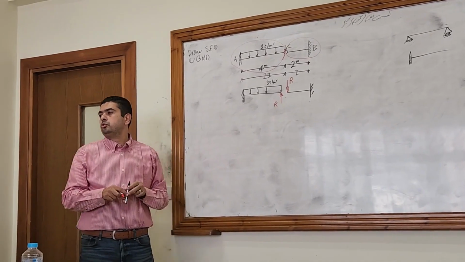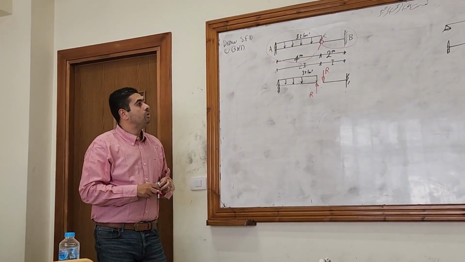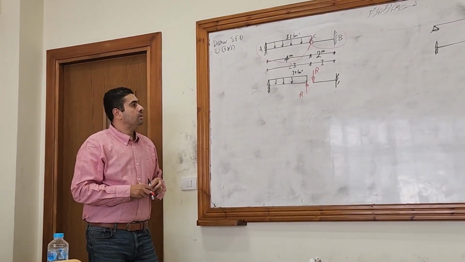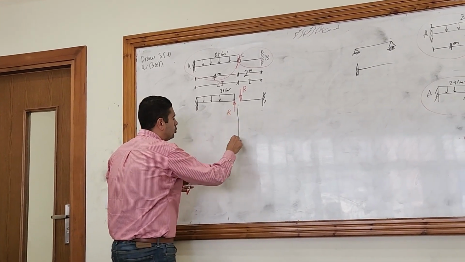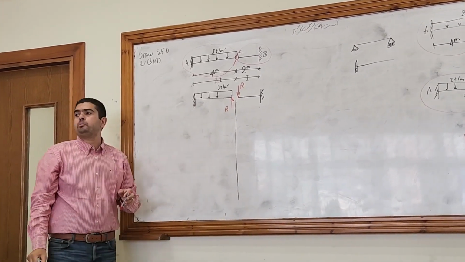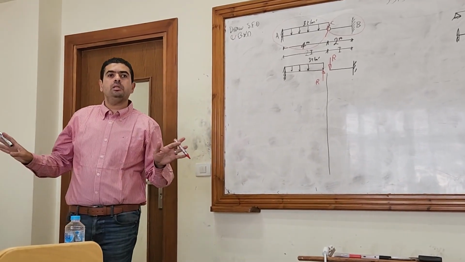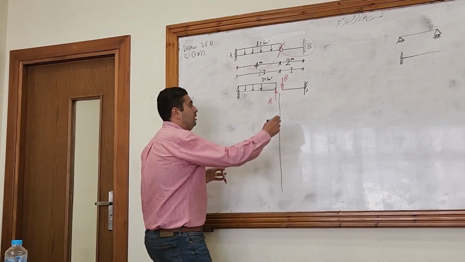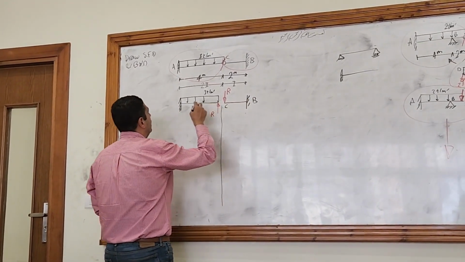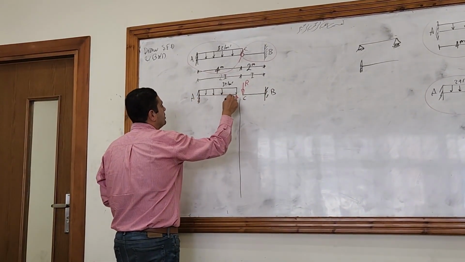Okay? And then you have to solve each part individually. This is called BC and this is called AC.